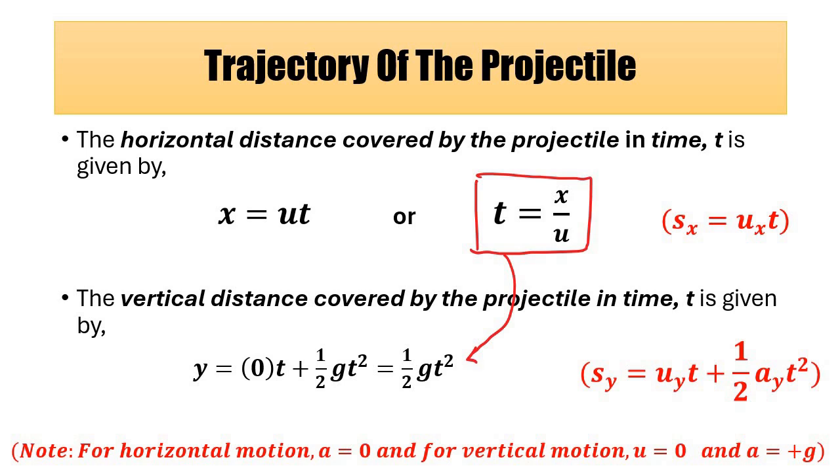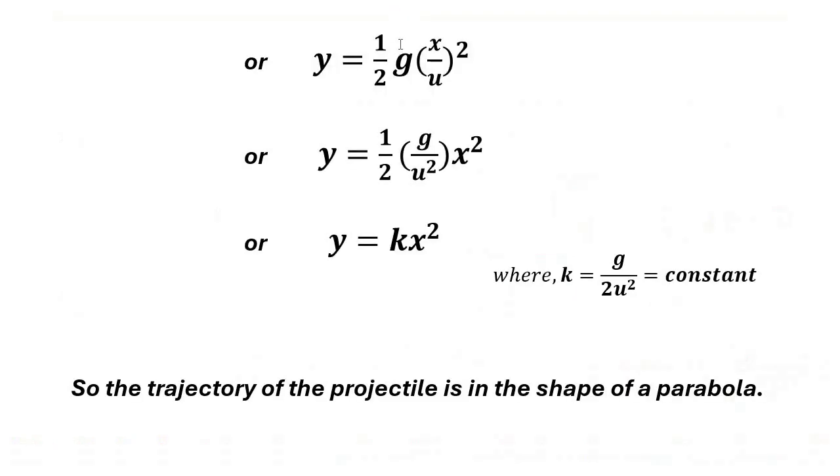So we will have 1/2 g times x by u whole square, which is equal to 1 by 2 g by u square x square. g is constant, initial velocity u remains constant throughout, 1 by 2 is constant. So 1/2 small g by u square, we can treat it as one constant, k. So we have y is equal to kx square.